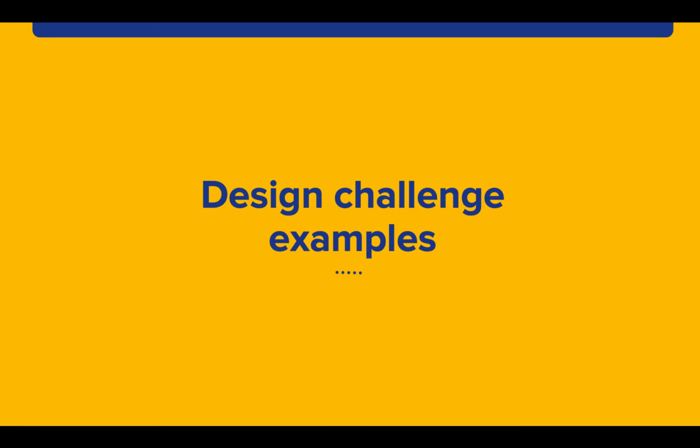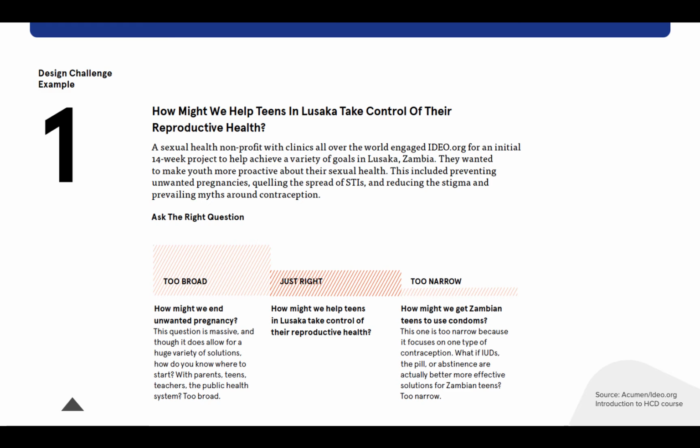So here are some examples from IDEO, and I mentioned the source on the lower right corner where you can actually go and see more examples that are available in this Acumen course. But for the sake of this video today, here are three examples.